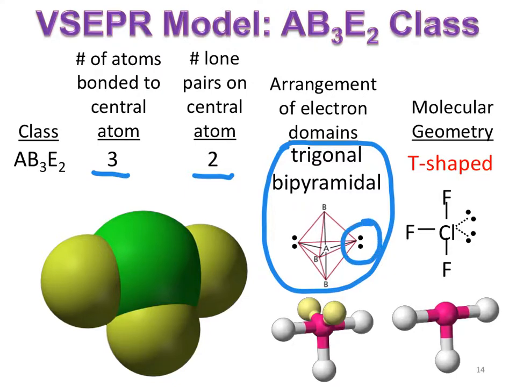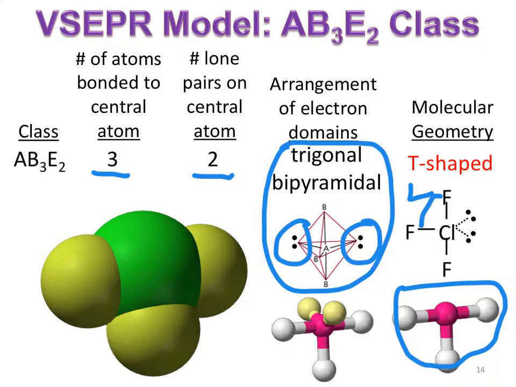The 2 lone pairs are put in the equatorial positions. As a result, we end up with something that is T-shaped. However, these bond angles are going to be less than 90 degrees. The steric hindrance caused by the lone pairs pushes the fluorines closer together in chlorine trifluoride.